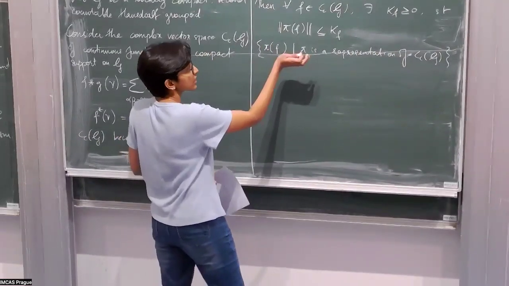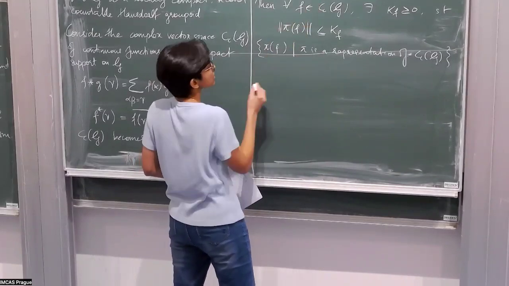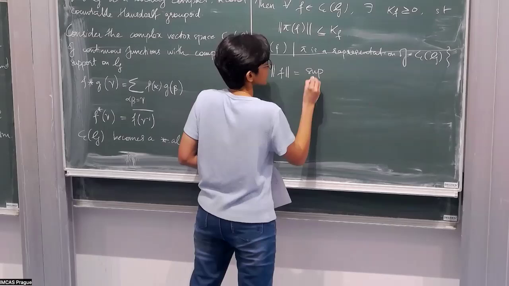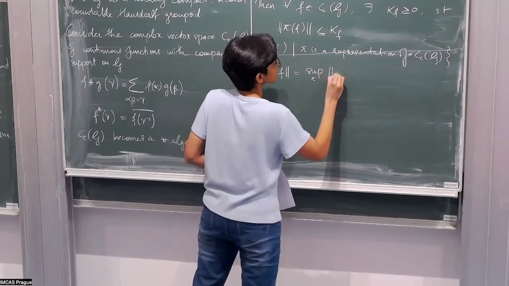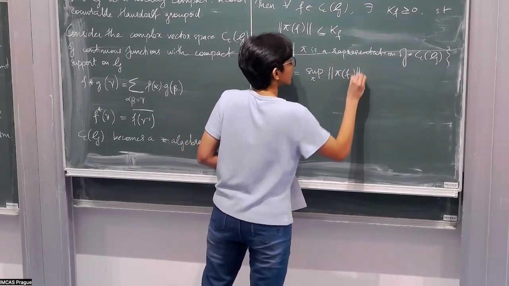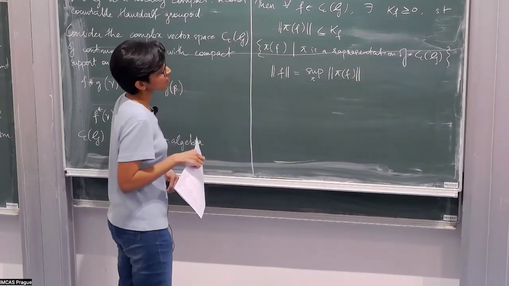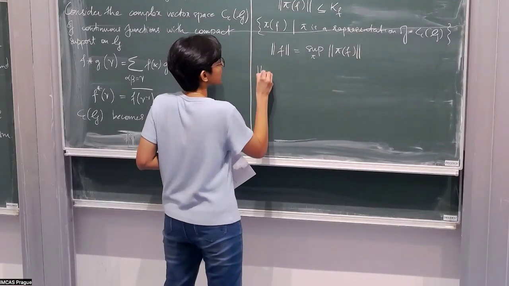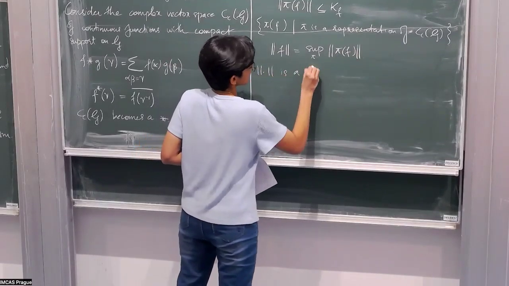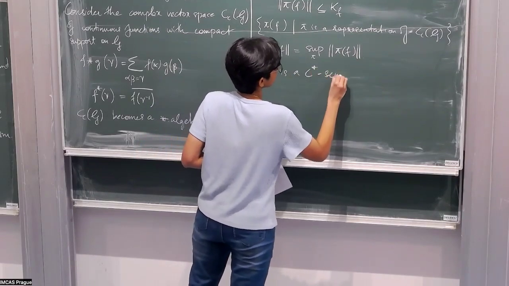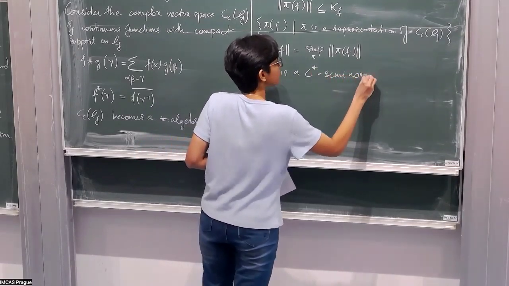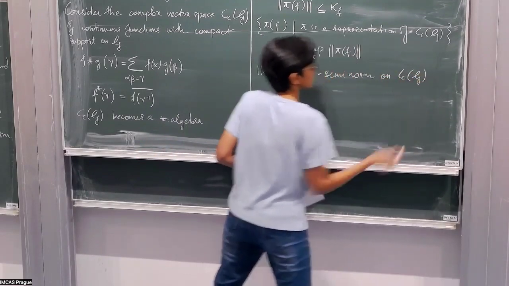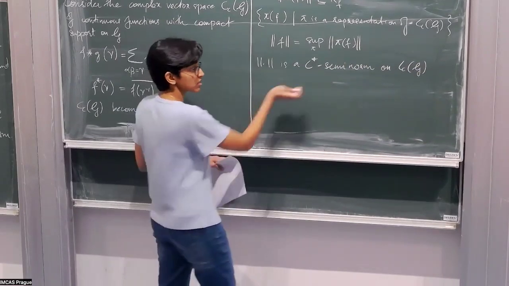So using this, I can define a norm on Cc(G) as the norm of f is just the supremum over all representations phi of the norm of phi(f). Now we have a norm, and this is in fact a C-star seminorm on Cc(G).